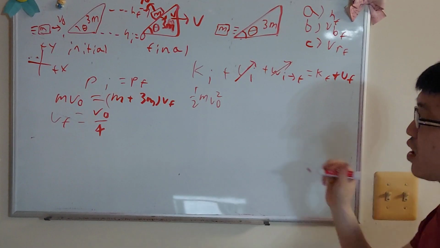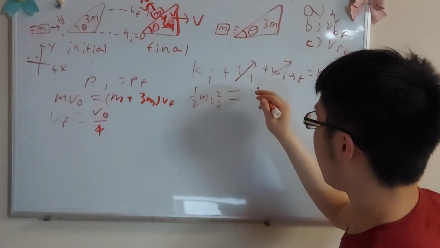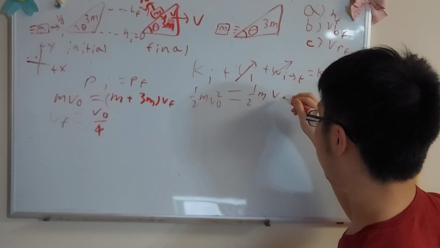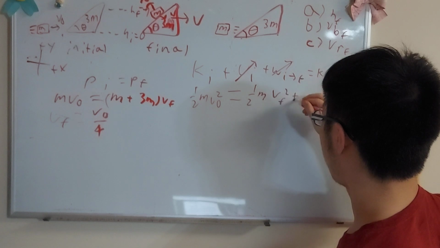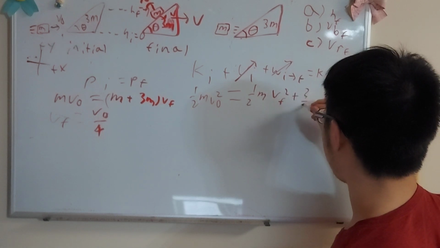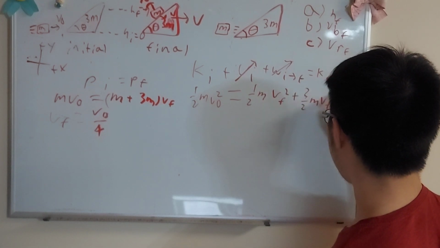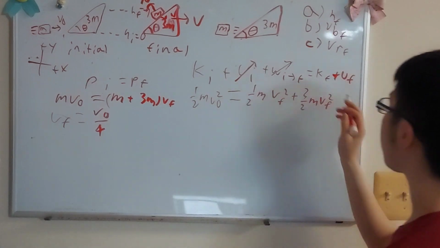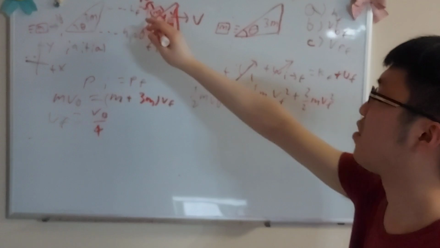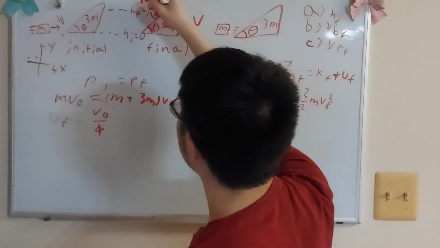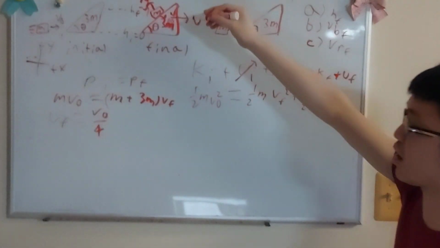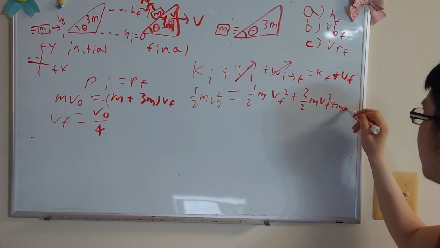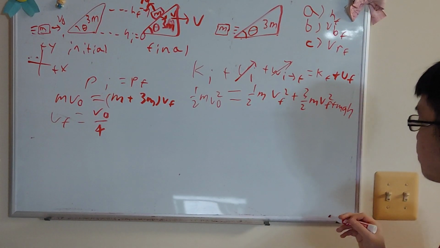The final kinetic energy for both objects would just be 1/2 times the respective masses times the same velocity that they're both moving at. And I'll just write it out right here. And in the final condition, only the block would have final potential energy because it actually is at a height of h and not 0. So it would be its mass times the gravitational constant times that height.